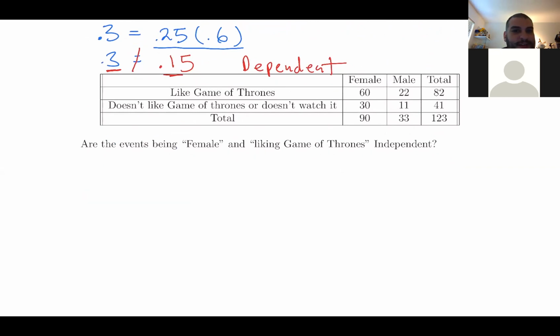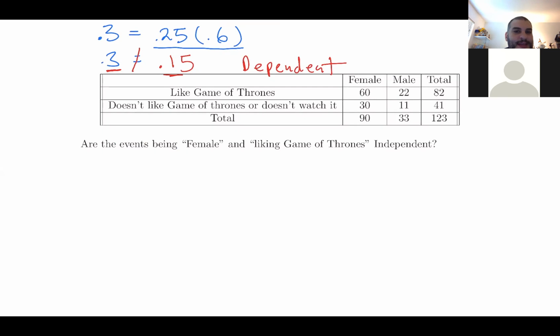For this one, we're going to do it with a two-way table. What we want to see is whether the events of being a female and liking Game of Thrones are independent. If they are independent, that means your gender has no influence on whether you'll like Game of Thrones or dislike Game of Thrones.